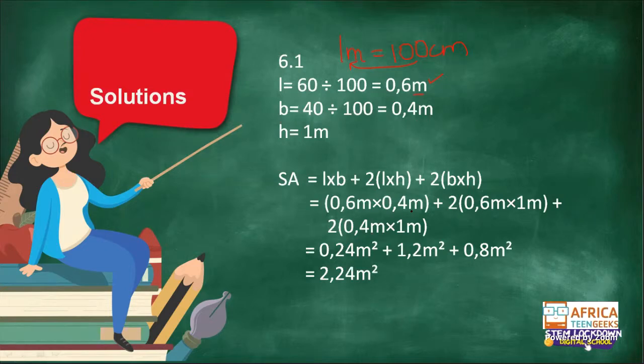Plus, and don't forget to indicate your pluses and your multiplication signs. 2 open brackets, your length 0.6 times your height 1, close bracket, plus 2, there's your 2, open bracket, your breadth 0.4 times your 1 meter, close bracket.